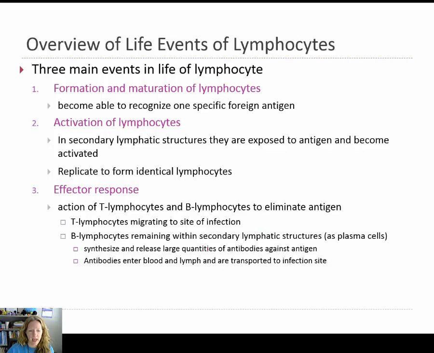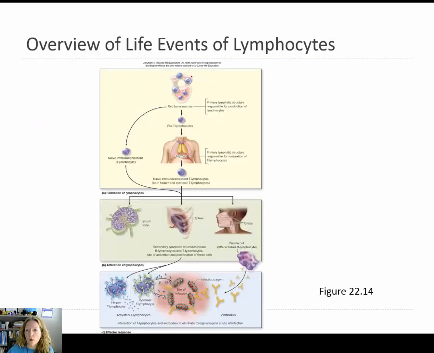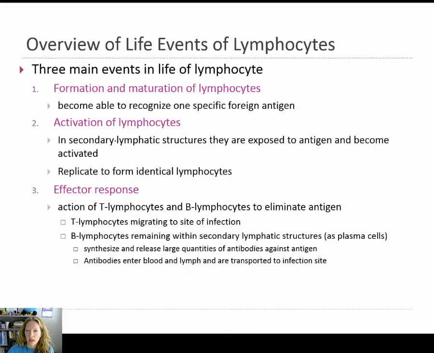We're going to talk about how the T lymphocytes, how and where they are going to be formed. And we'll also take a look and see what it means about maturation of lymphocytes. So be able to recognize one specific antigen, but also be able to recognize them as foreign. So we'll go through that whole process.